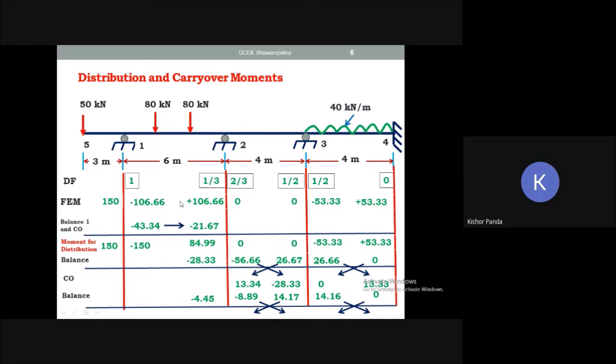What is the net moment or unbalanced moment here? Here you see this is 150 and this side is your minus 106.66. So the unbalanced moment is 150 minus 106.66.